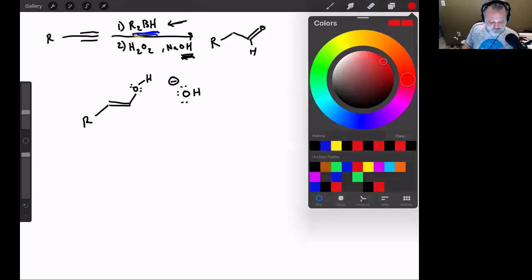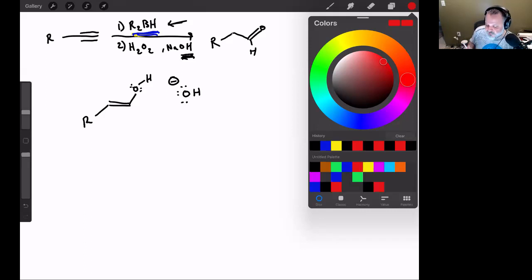And so just like the consideration that you made with acid catalyzed tautomerization, you don't want to form an intermediate that involves a positive charge in this case. So if you're struggling through the mechanism and you're trying to figure it out, remember that anything that forms a positive charge is a no-no.